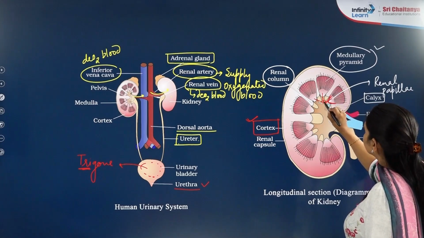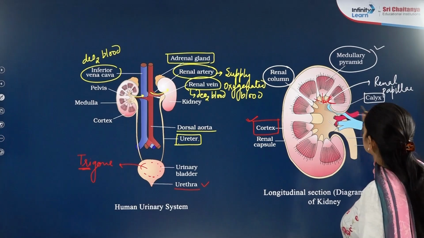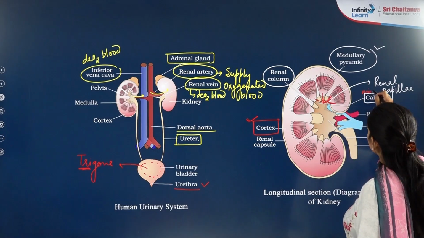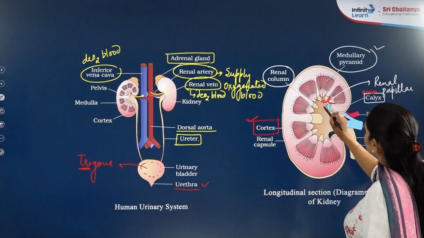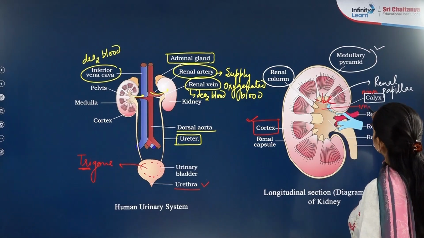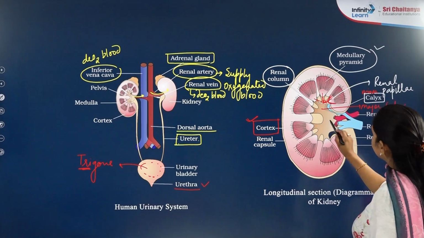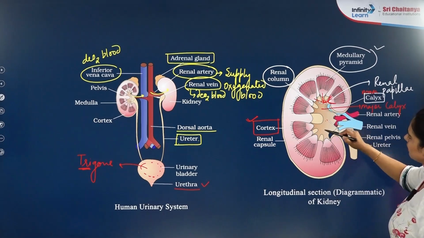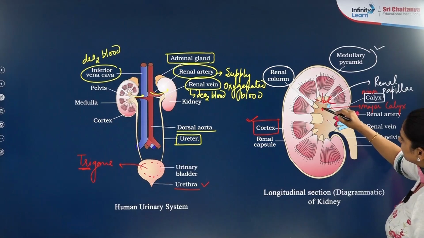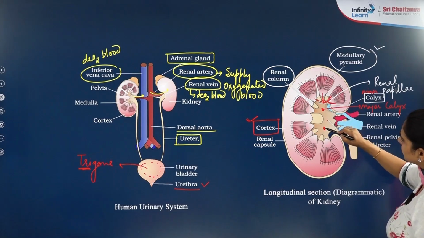So we can tell this is minor calyx. And after that, we can tell this is major calyx. You can see one major calyx is here, one major calyx is here, we can say.